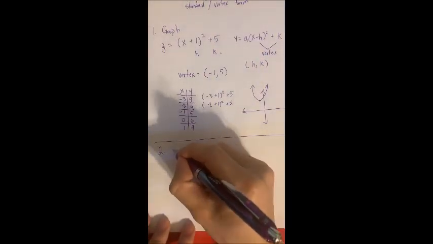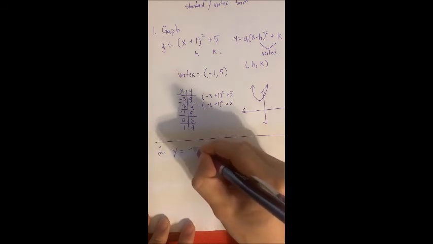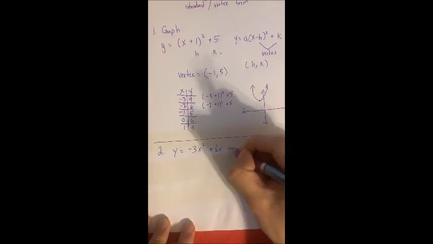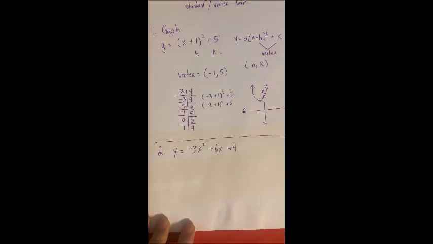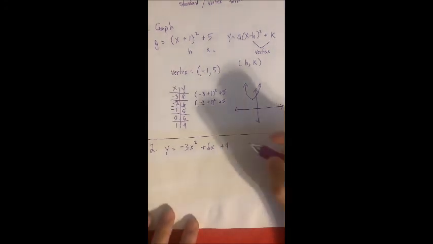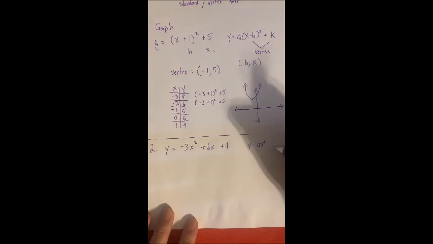So let's say we have an equation like this. This is an equation in standard form. Standard form is in this form right here: y equals ax squared plus bx plus c.